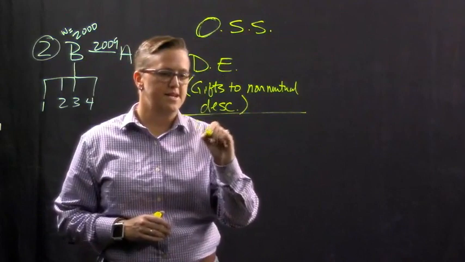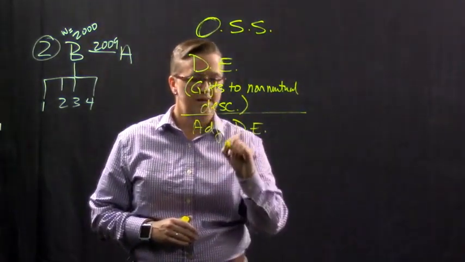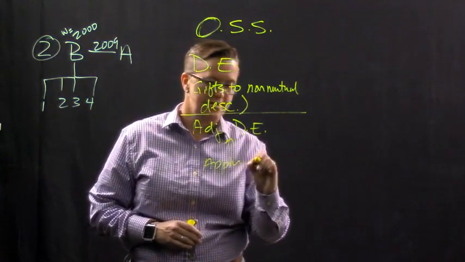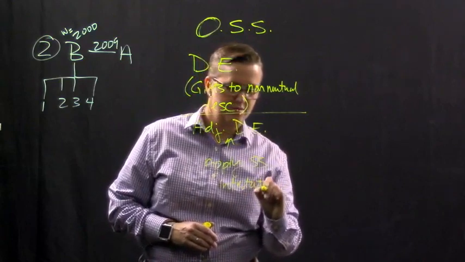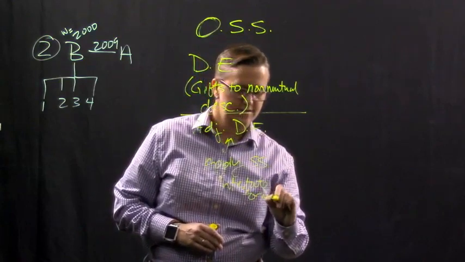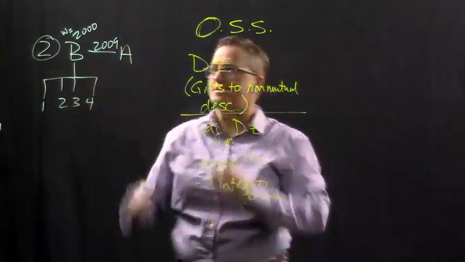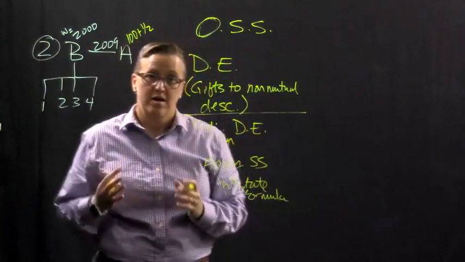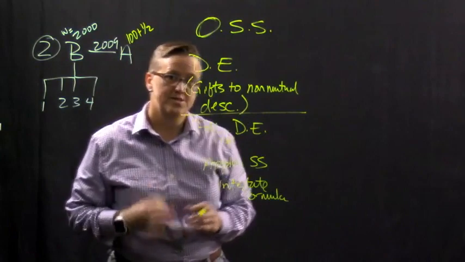That gives us an adjusted distributable estate, and then what we do is apply the surviving spouse's intestate formula. All right, now we know based on this family tree, Allison's intestate formula is 100 plus 1/2. We use that to figure out the forced share, so we're going to use the exact same one to figure this out. So let's take a look at the facts.